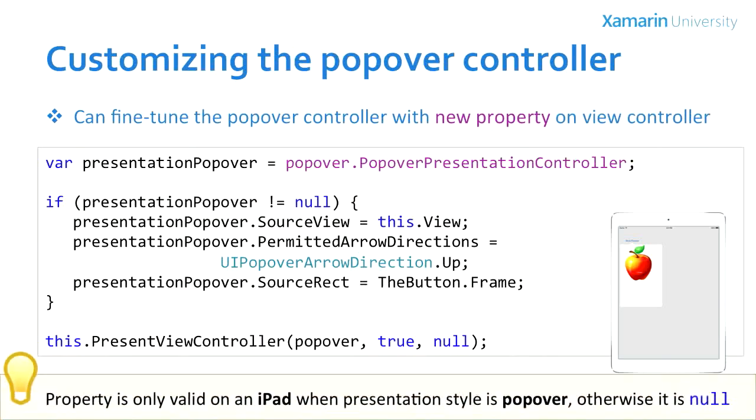It's important to remember to check for null here as well. This property is only going to be set if the view was presented as a pop-up, and so for today, that means on an iPad. And so once you have access to it, you can set the view that it's going to obscure, the direction of the arrow, and the UI element to orient the arrow onto, as you can see here in our code fragment.